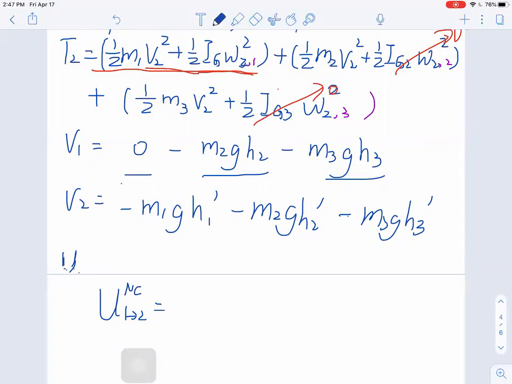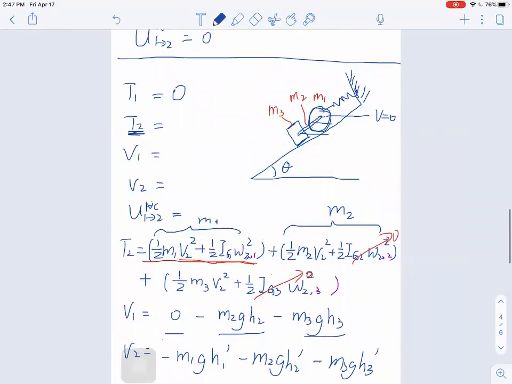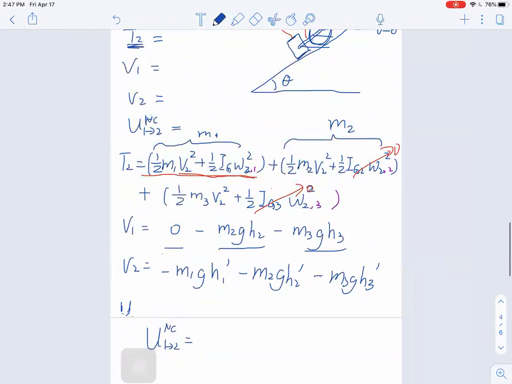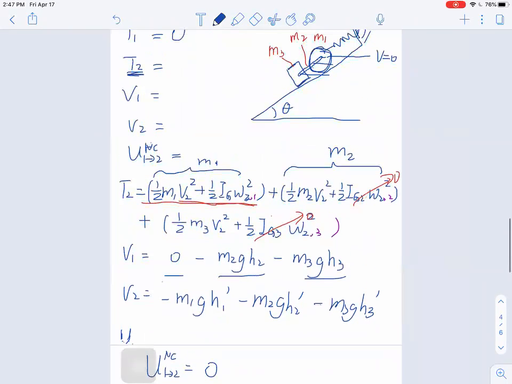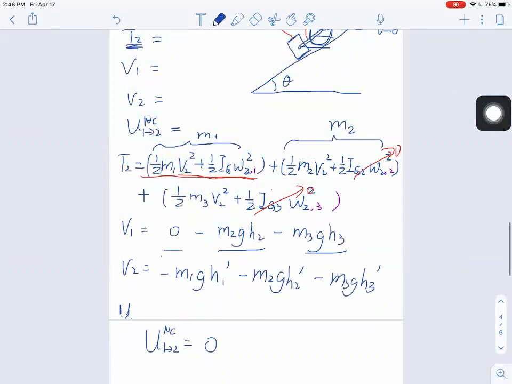So we know the non-conservative force, in this case, is only the friction force. And we did in example 1, if you have a disk rolling with no slip, the work done from the friction force can be 0. So for mass 1, the work done from friction is 0. And mass 2 has no friction force, it's not in contact with the surface, so that is 0 as well.